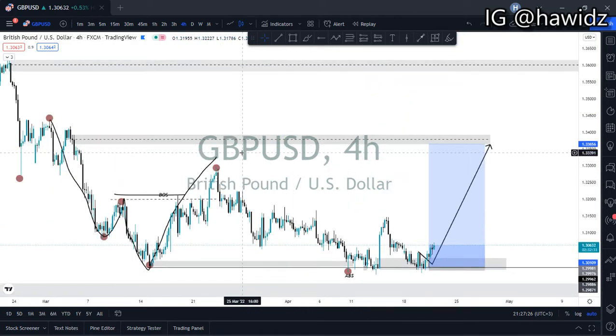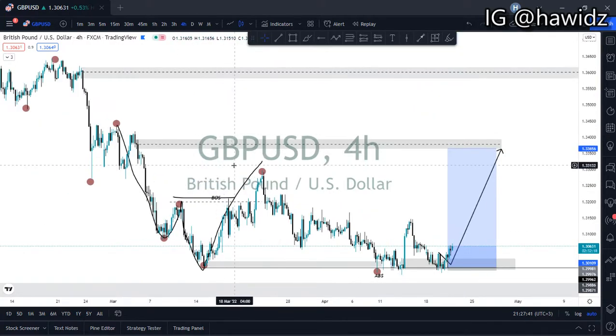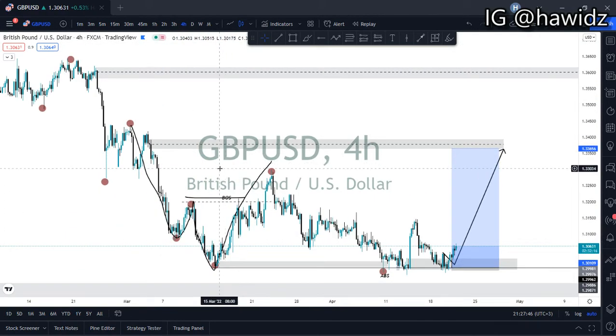So this was a clear indication that okay, there is insufficient bearish pressure in the market, and that is why I was pretty much sure that we was gonna go bullish on GBPUSD, and the same does apply to EURUSD, but I'm not gonna talk about that.